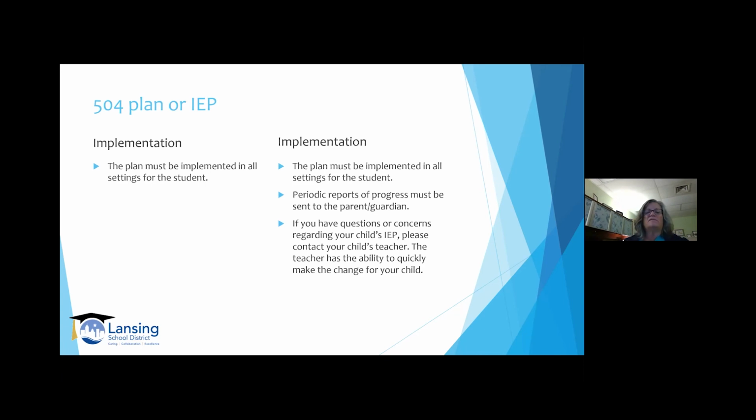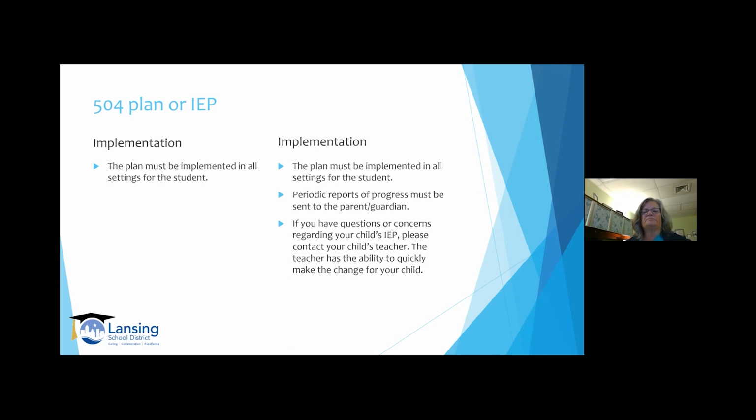In terms of the IEP, periodic reports of progress must be sent to the parent or guardian. And this typically takes place around the regular marking periods when students are receiving their general education report cards.